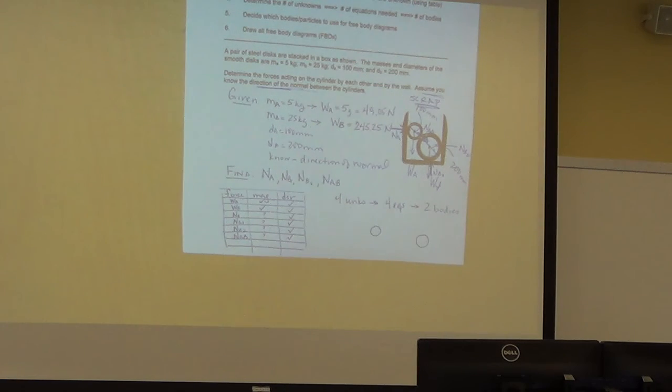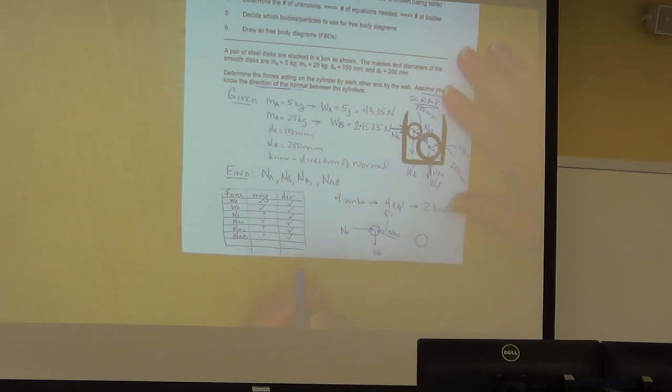Okay, body A and body B. So let's just draw them. You mind if I just draw them? NA. We have the weight of A. We have the normal of AB, and the angle is known, so I'm going to call it theta.